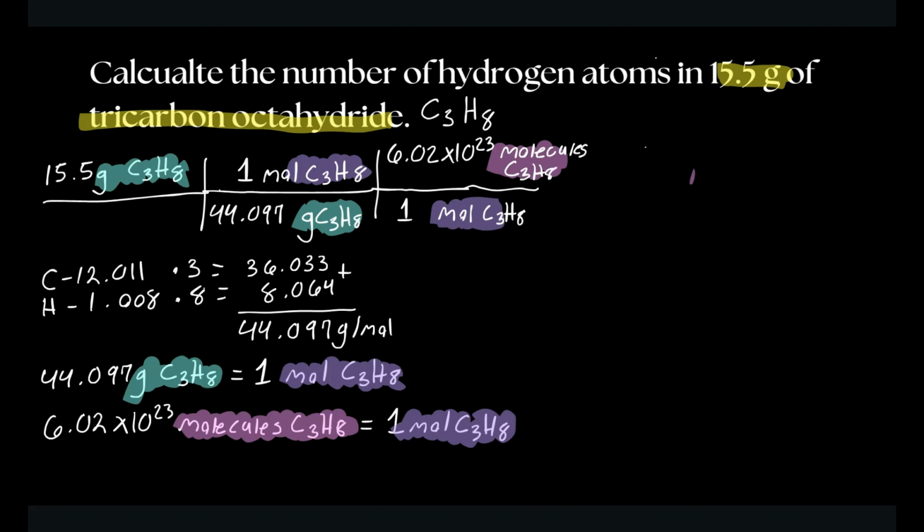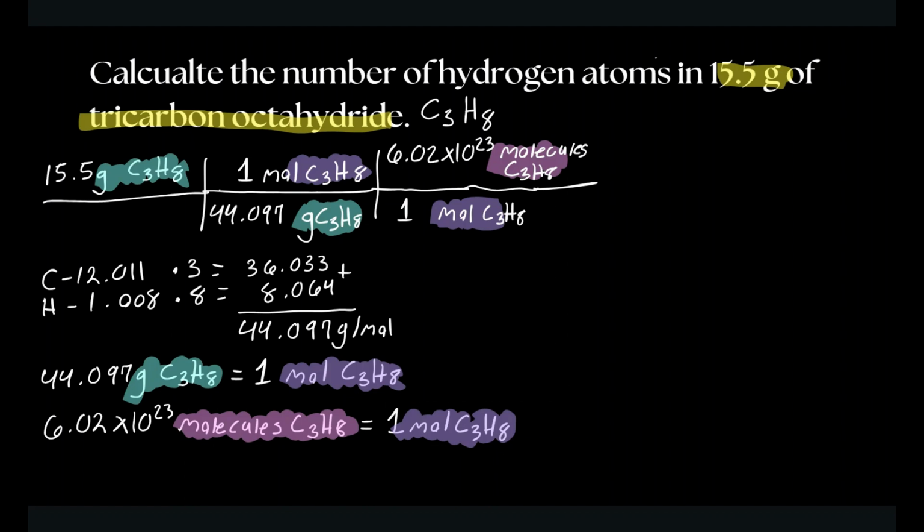Now, specifically in this question, it is asking us to calculate the number of hydrogen atoms. So we are not finished because we have now just calculated our molecules of our C3H8, but it's asking for our number of hydrogen atoms within that molecule.